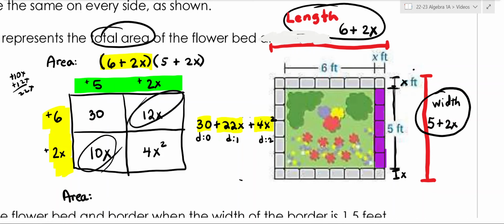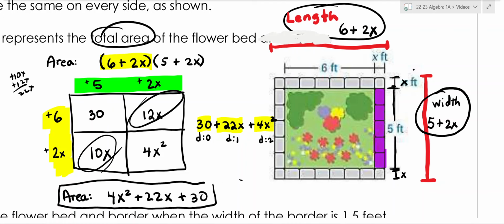So really, we have this out of order. So the area model would be 4x squared plus 22x plus 30. I mean, it's not wrong, it's just not in standard form. Right, that's the area. Is that all we had to do? Yes, this is the model that represents the area of both the garden and the border, everything.